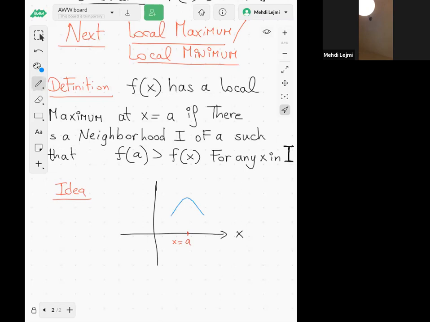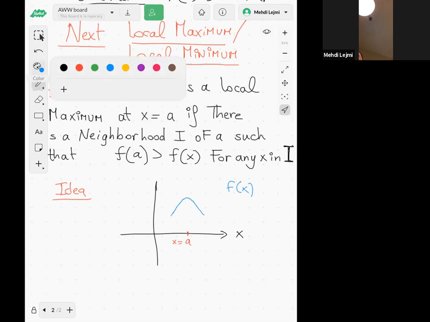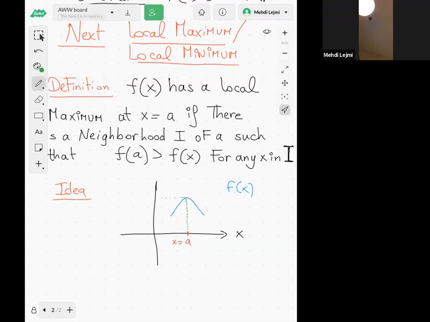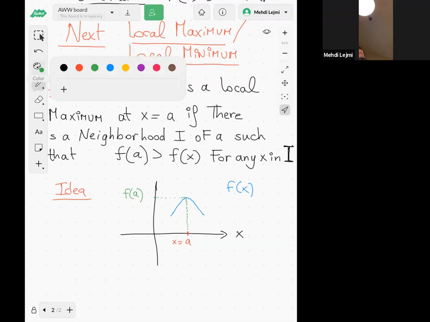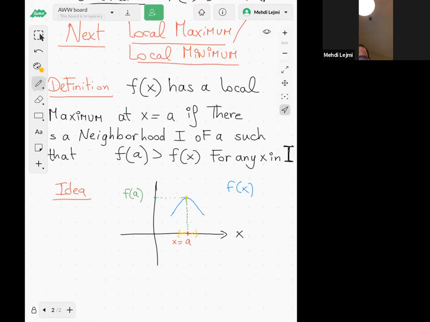Let's say this is a graph of f of x. So f of a would be like this point here. So this is f of a. Now, as you can see, guys, if you take a small neighborhood I of a here, then f of a, this point here, would be the highest.